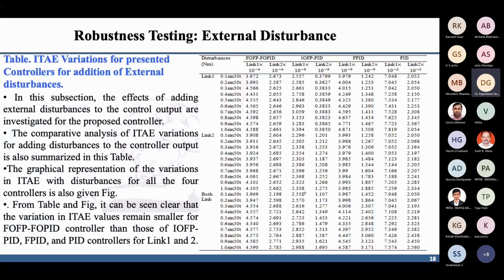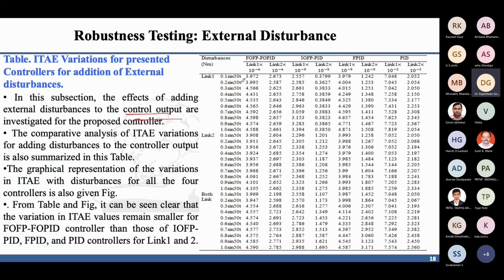So in this case also we have applied some external disturbance to the system. This type of disturbance at the controller output is generally a sine kind of disturbance. That's why here we consider sin(50t), because it has some fluctuation, right?